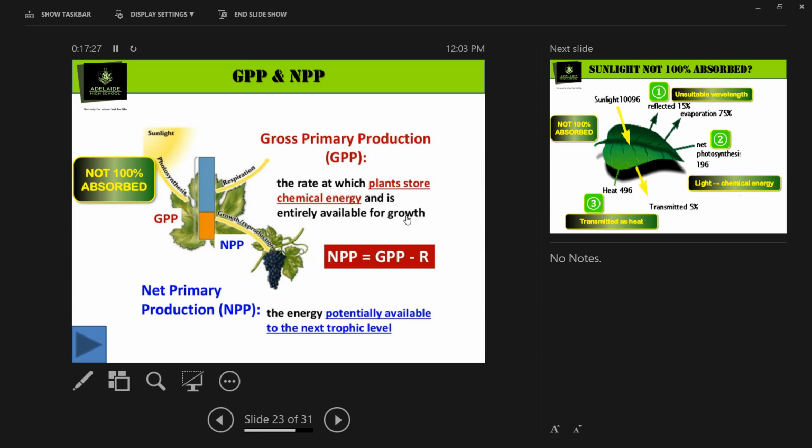In this particular area, we'll talk about these producers. You'll be exposed to two different terms, GPP and also NPP. GPP is known as the gross primary production. It is the rate at which plants will store chemical energy, or in other words, you can rephrase it. Guys, you don't have to really memorize this because the idea here is about gross primary production.